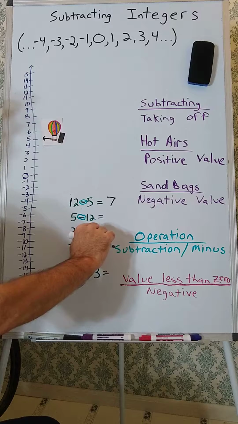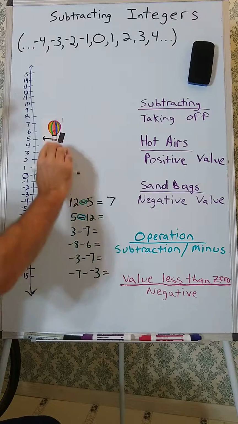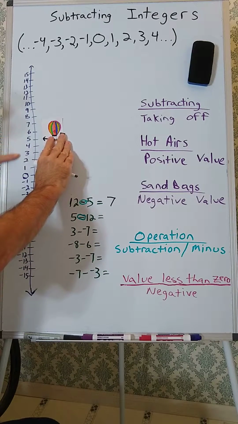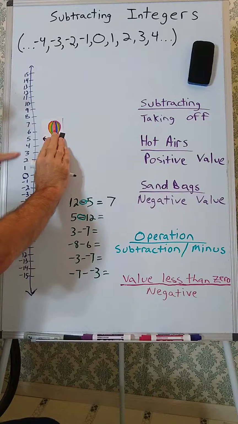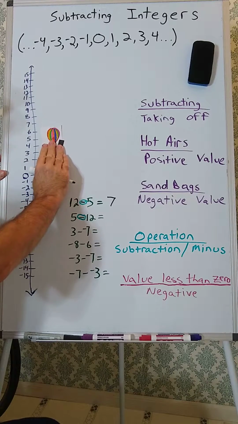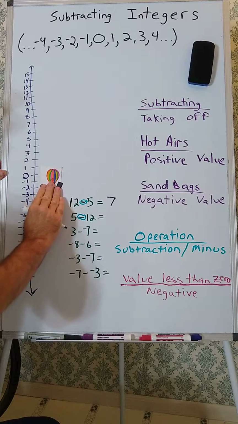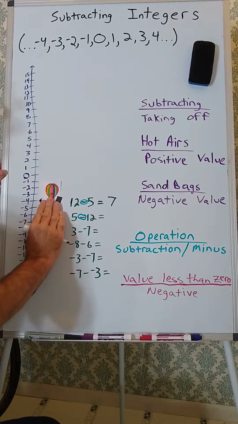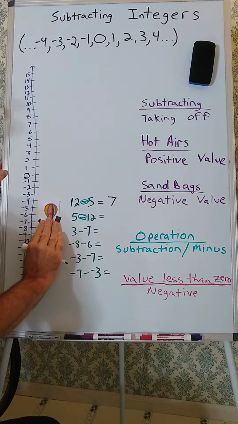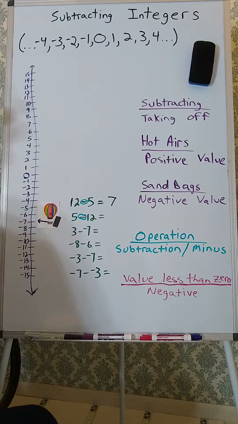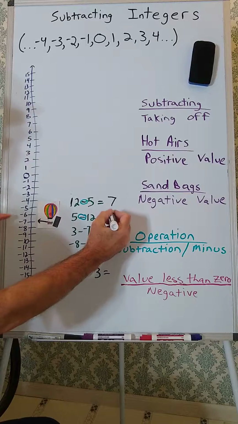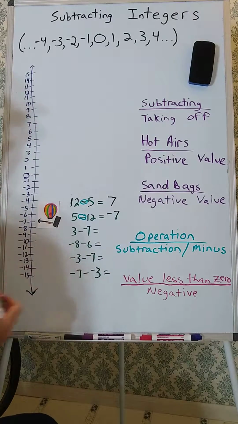What's going to happen? Well, the balloon's going to go down 12. So it's at 5. If it goes down 12, it's going to go past 0 into the negatives. 1, 2, 3, 4, 5, 6, 7, 8, 9, 10, 11, 12. So 5 take away 12 is negative 7.